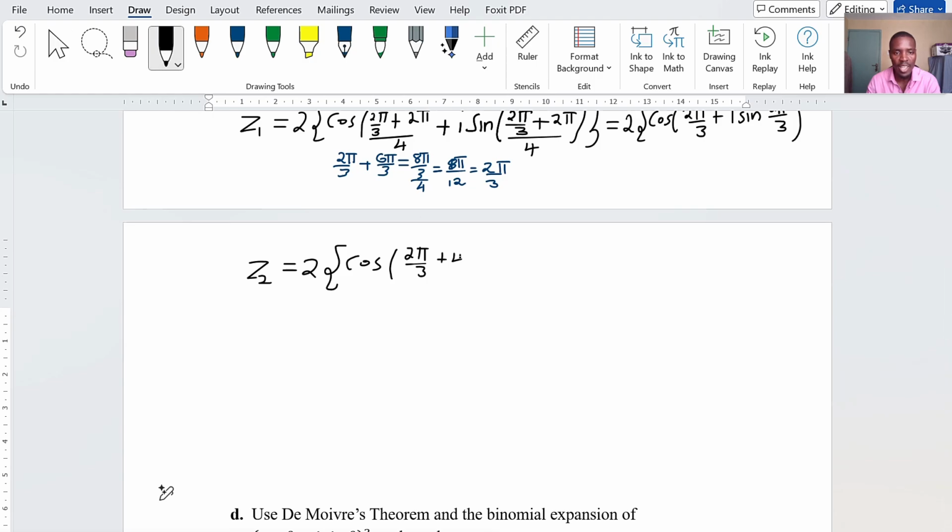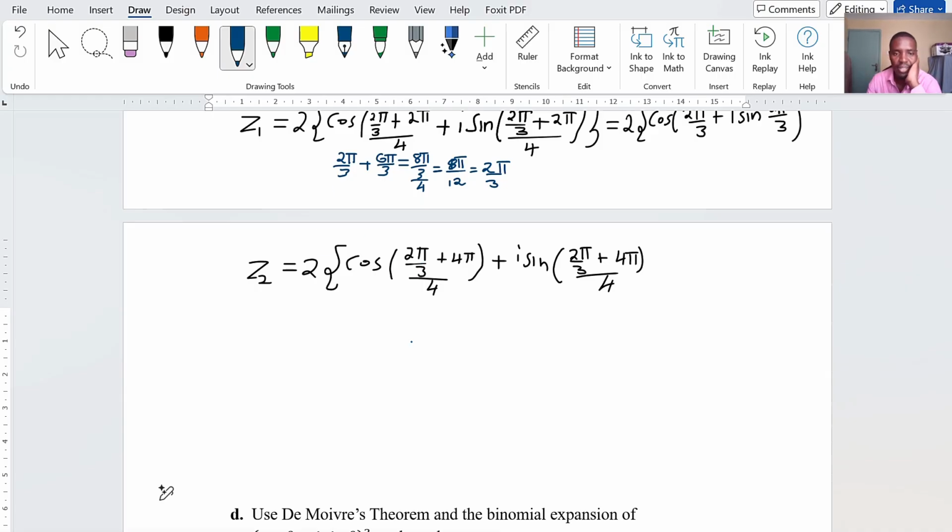So I have 4 pi here. That one close, then plus I sine into bracket 2 pi over 3 plus 4 pi, because now k is 2. Now all this over 4 and also this over 4. We'll solve again and simplify.